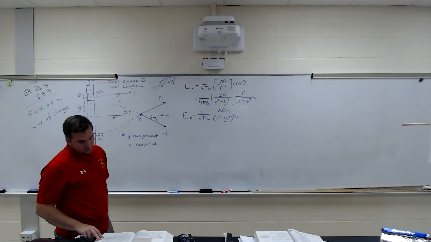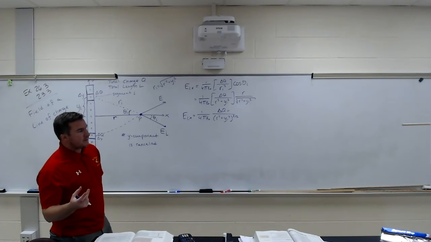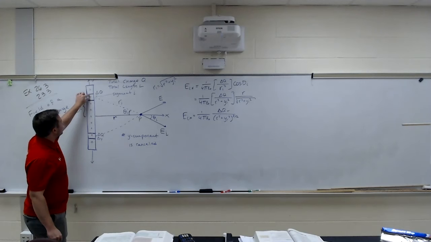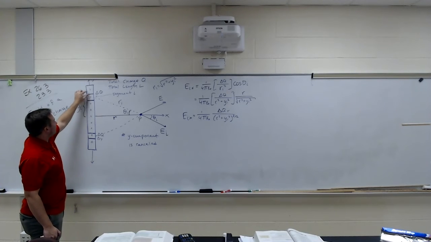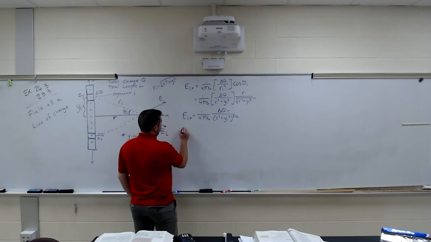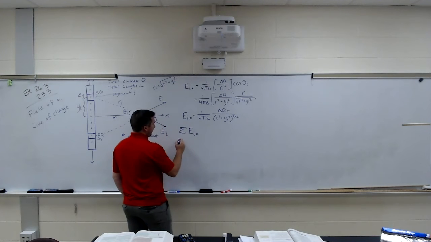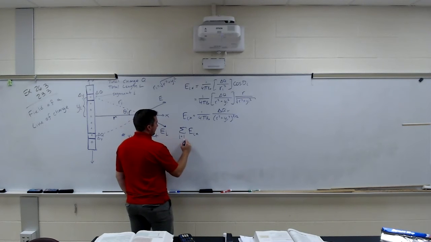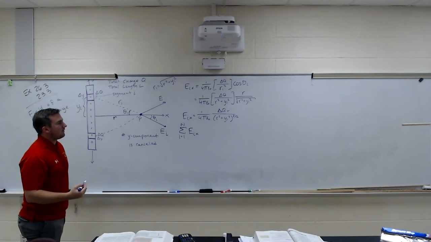Okay, so that's good, but it's not the endpoint, right? Because that only tells me the electric field from this individual segment. What I want is all of the segments on this circle, so I actually need to sum all of the Ei x's, from i equals 1 to n, however many Ei x's we choose to have.